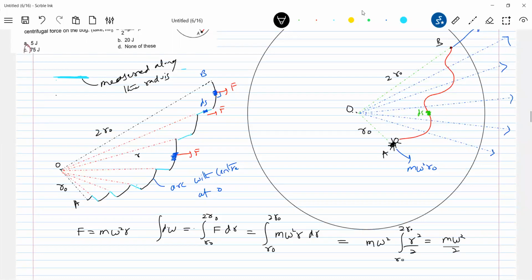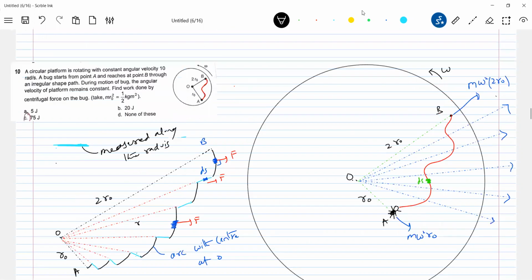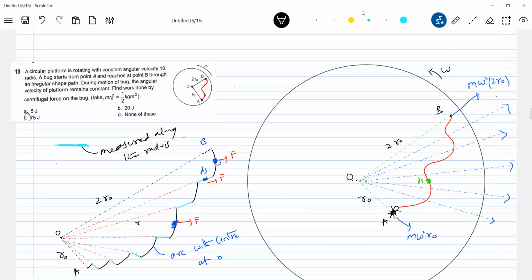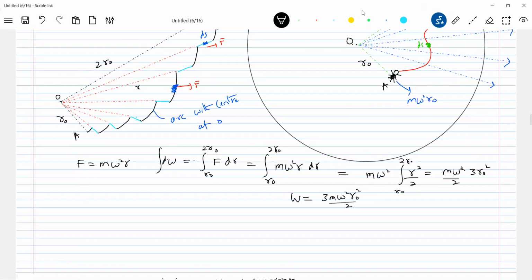This will be 3 R0 square. So what is the total work done? He has given the value of m R0 square that you substitute, and you know omega, that also he has given. So solving this will get the required answer.